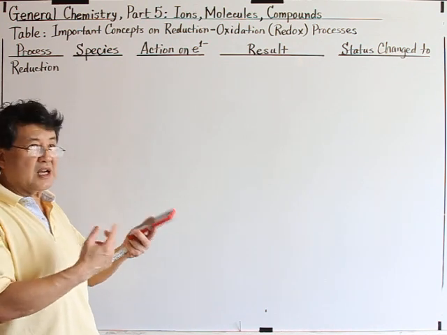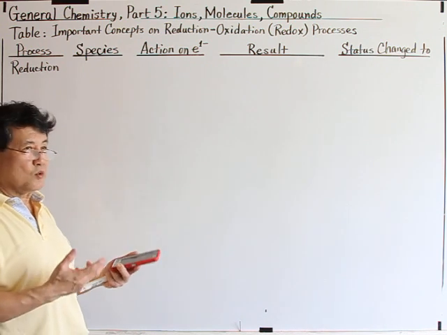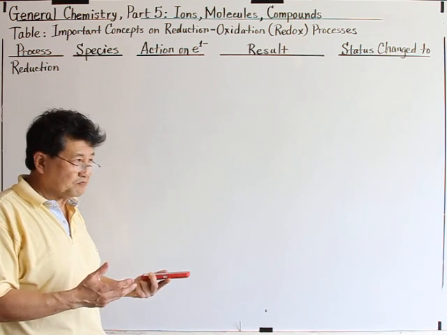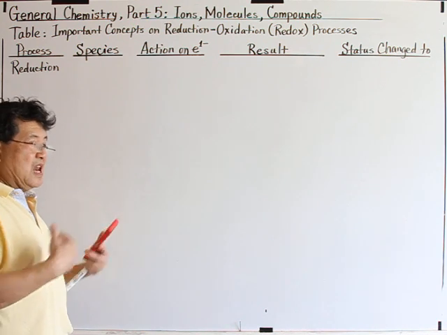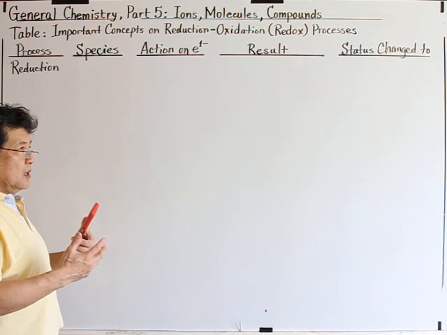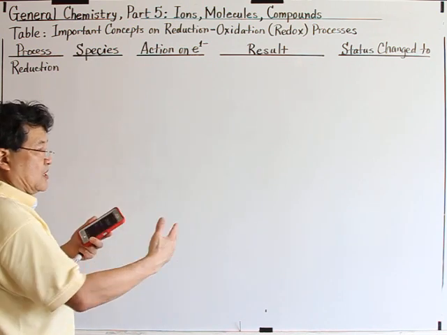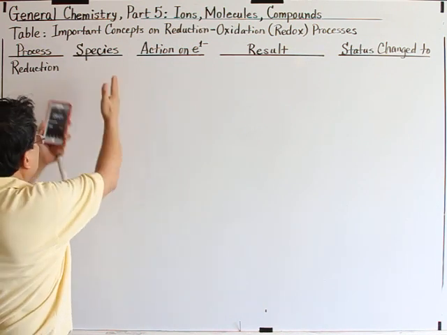So normally 99% of a compound with oxygen, the oxygen will show a 2- charge as an anion. Alright, but if you lose electron or gain electron, what do you become? It's no longer the same status of the species before the reaction or before the process. We call it redox. Reduction and oxidation.